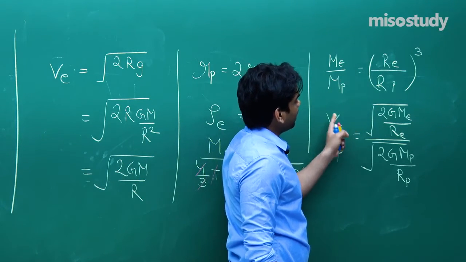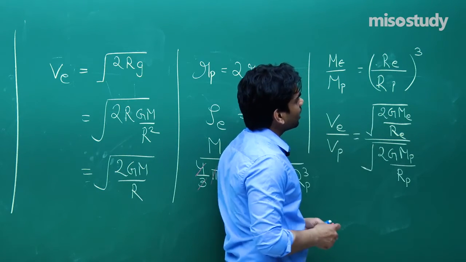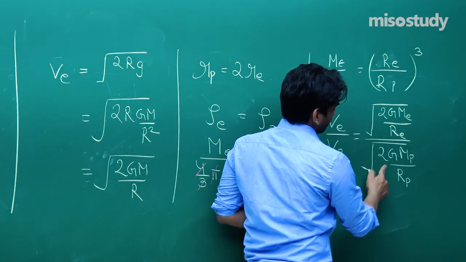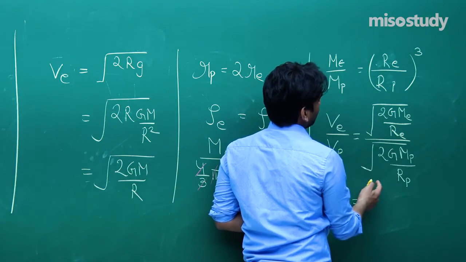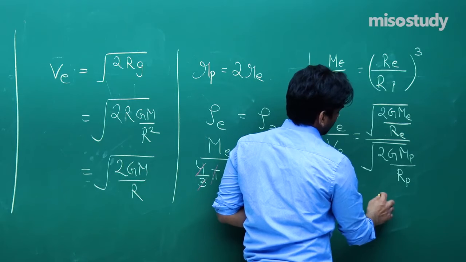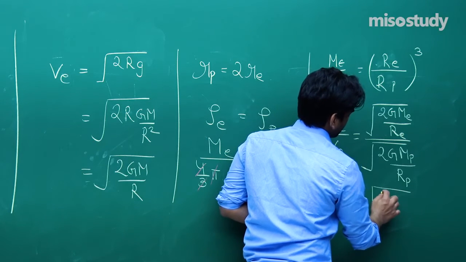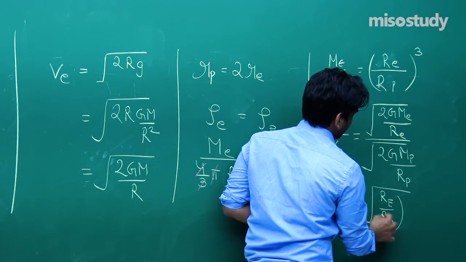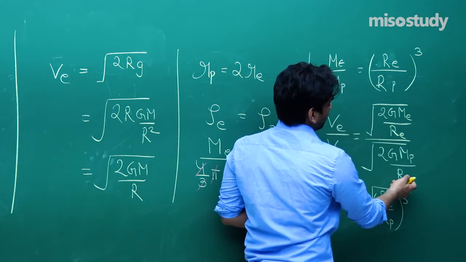Me by Mp is equal to Re whole cube by Rp whole cube. So under root, 2G will cancel out, and Me by Mp will come out to be Re by Rp whole cube.